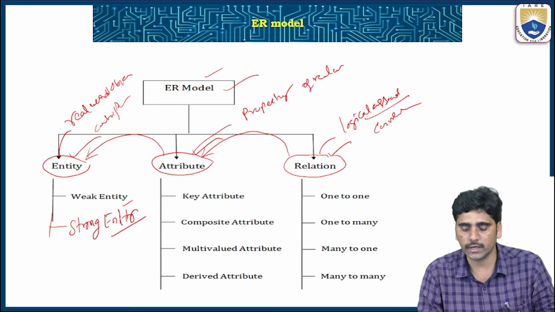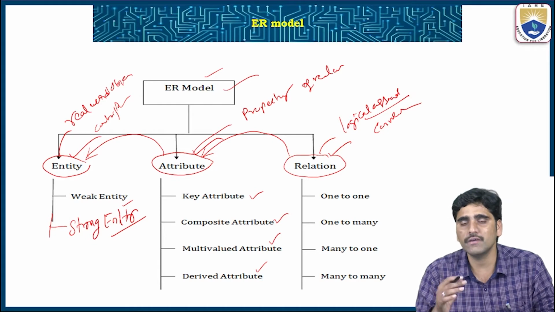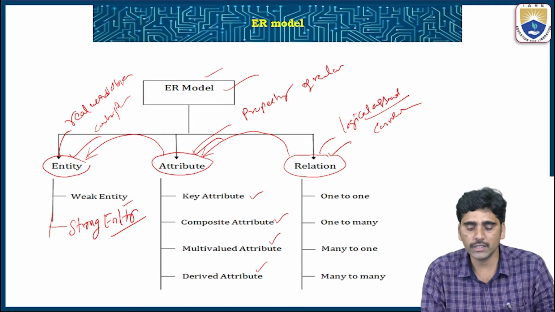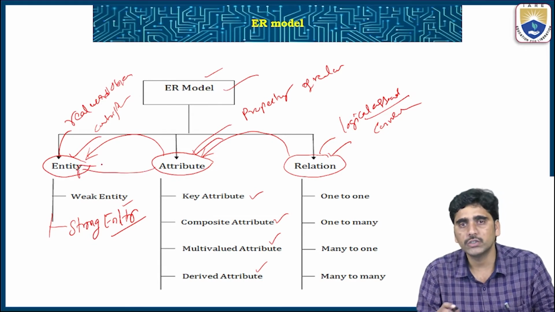There are four types of attributes: key attributes, composite attribute, multi-valued attribute and derived attribute. These four attributes show the behavior of this entity. And the relations are connections between two entities, or two things, or two persons or anything.